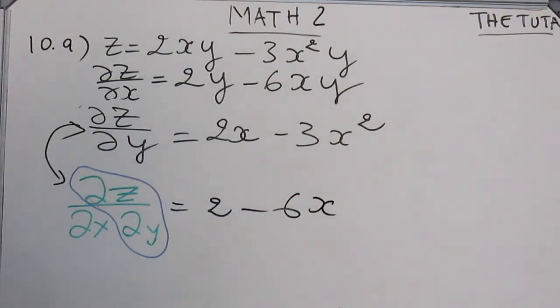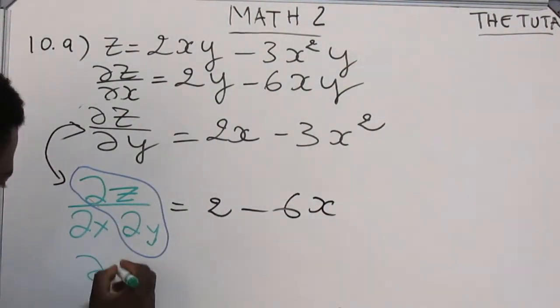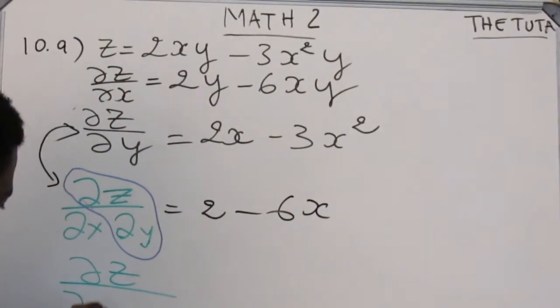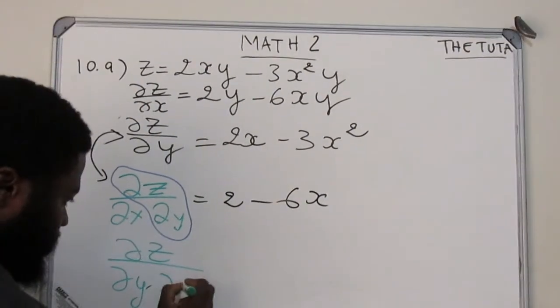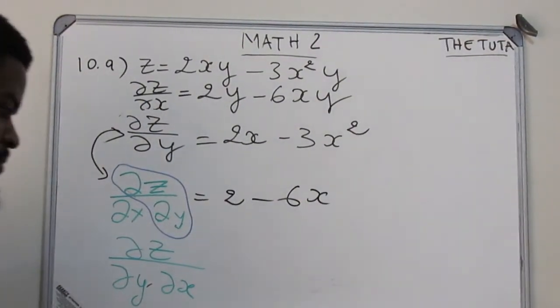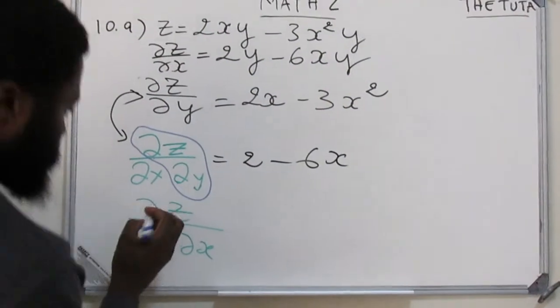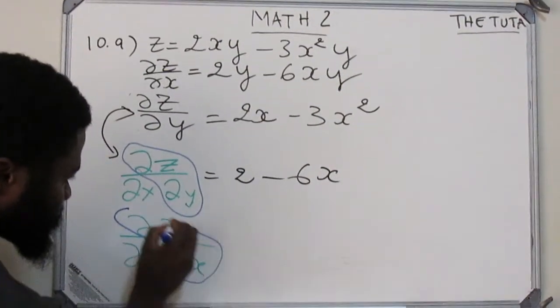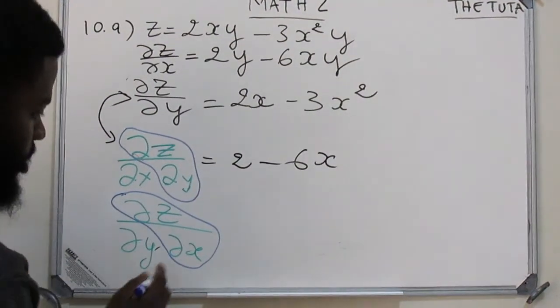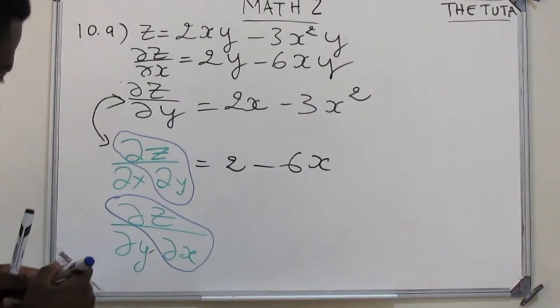Other than this, we also have the second partial of z over dy dx. Same thing. We do the same thing here. You see, here we have the partial derivative of z with respect to x.